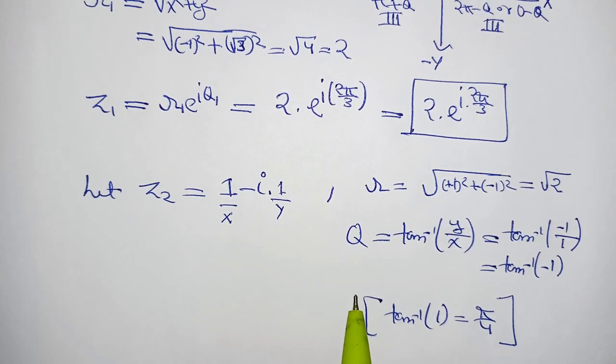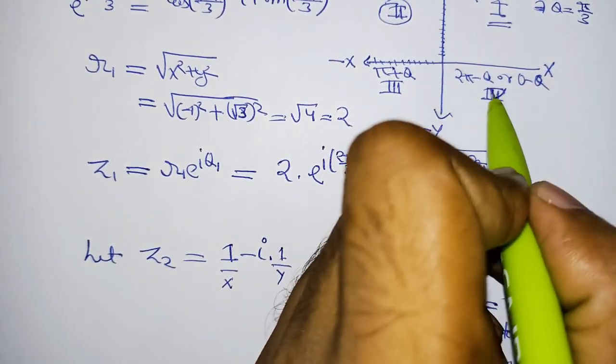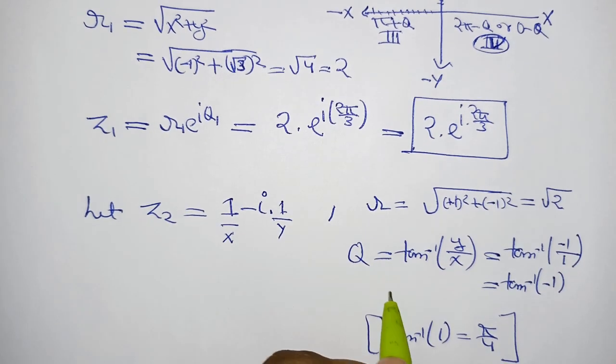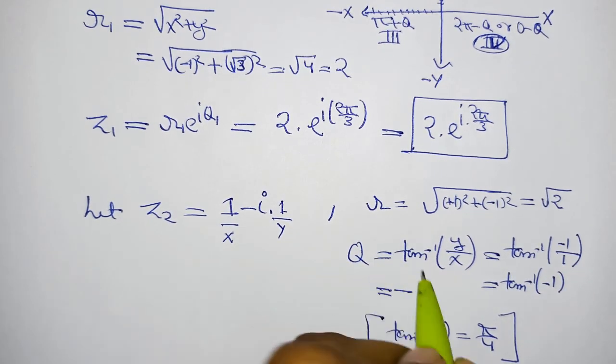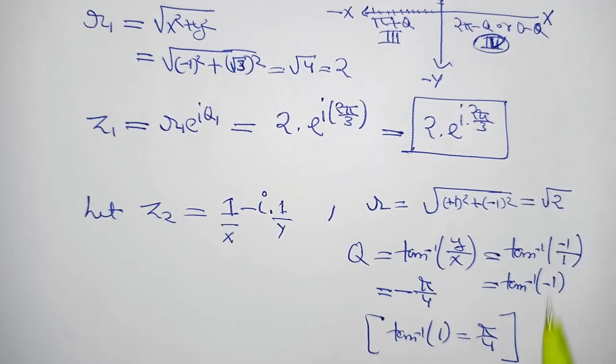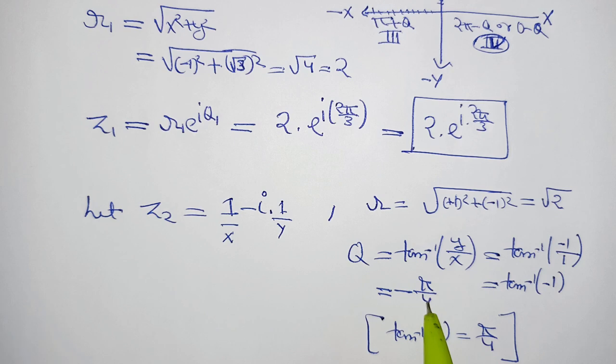That means this value will lie in the fourth quadrant. So the angle will be equal to minus of pi by 4, because here the angle is negative, minus theta. That's why the angle will be minus of pi by 4. So theta is equal to minus of pi by 4.